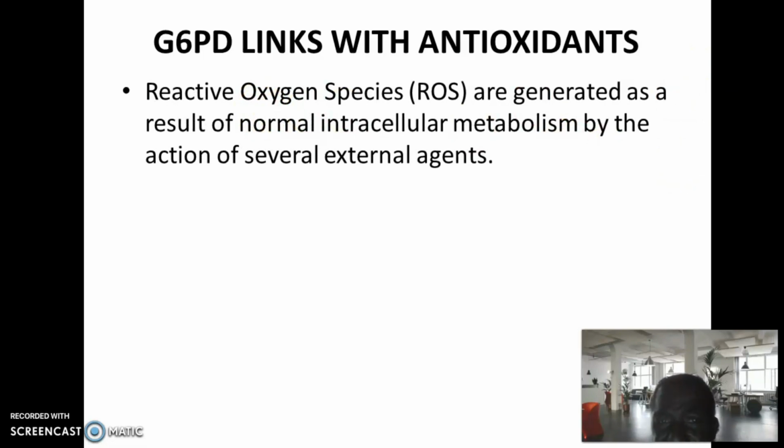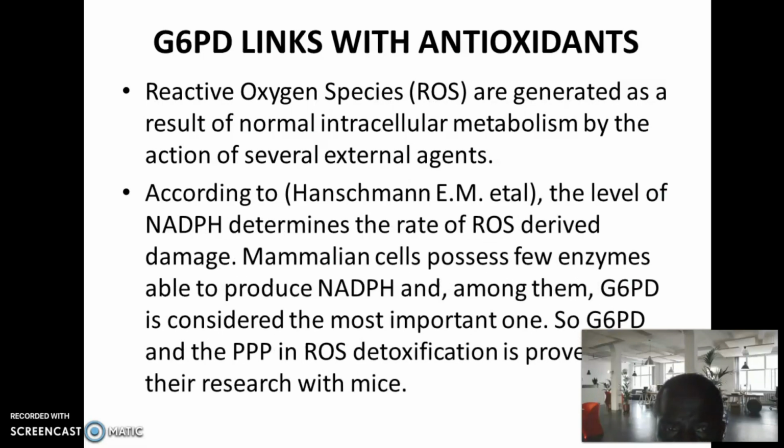So the G6PD is linked with antioxidants. The ROS are generated as a result of normal intracellular metabolism and by the action of several external agents. According to the researcher, the level of NADPH determines the rate of ROS-derived damage. Mammalian cells possess few enzymes able to produce this NADPH, and among them, G6PD is considered the most important one.